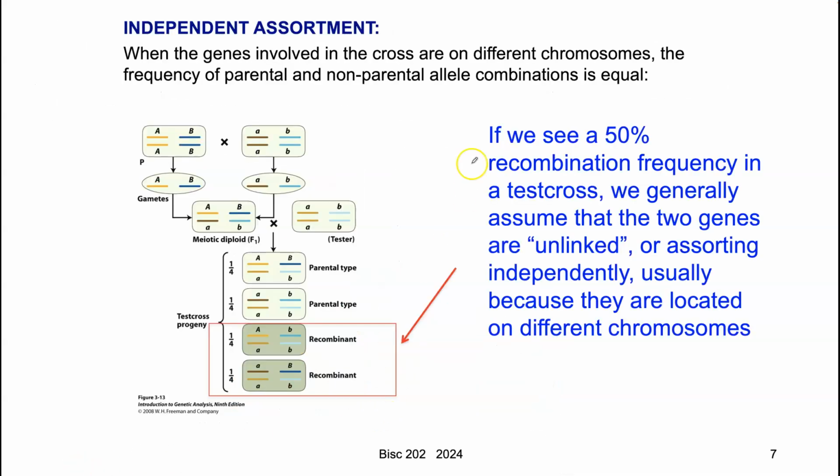When the genes are on completely different chromosomes, we expect to see equal numbers of each type. So we would expect our recombination frequency, which is all the recombinants divided by the total, to be 50%. We usually express R as a decimal, so it'd be 0.5.